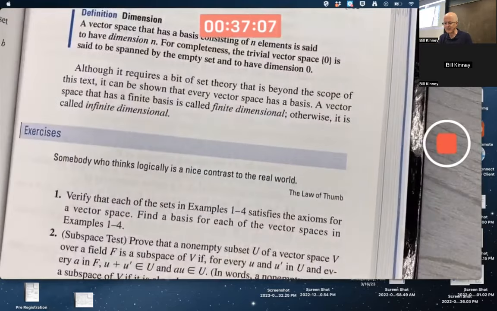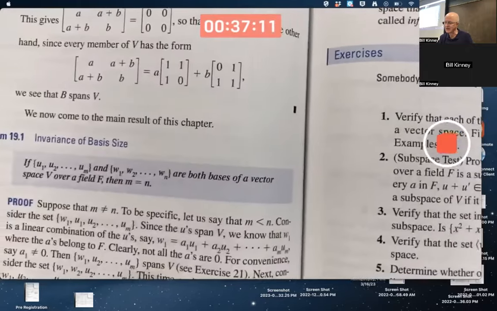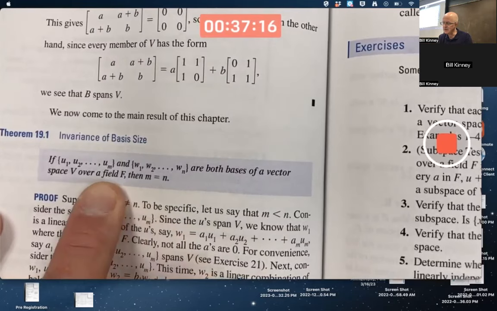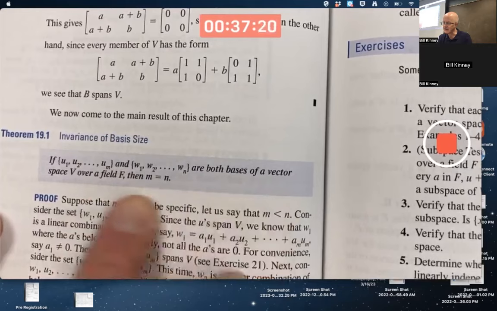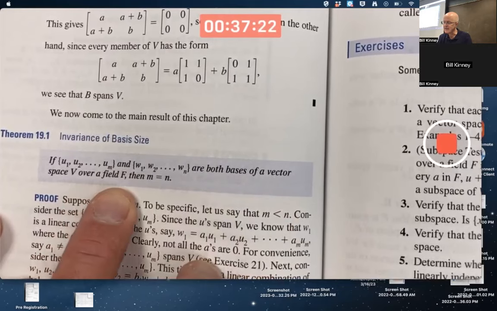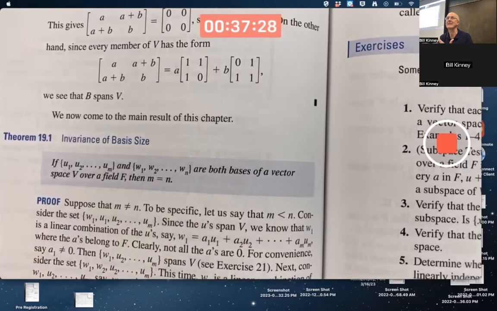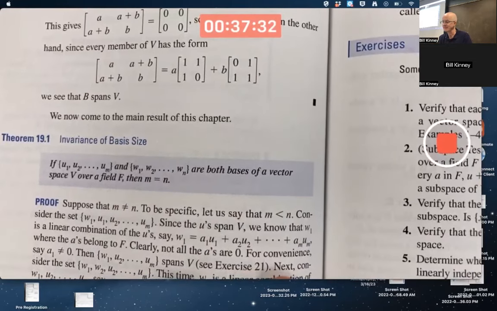Why do we need vector spaces? Well, it comes ultimately to this theorem here and a definition. Invariance of basis size. If u1 through um and w1 through wn are bases of a vector space V over a field F, then in fact, the number of elements of the basis has got to be the same, so m has to equal n. And that then allows us to define dimension of the vector space.